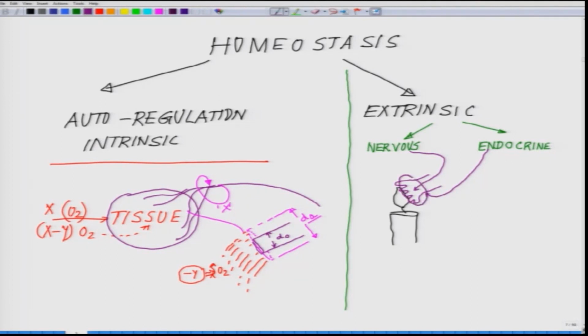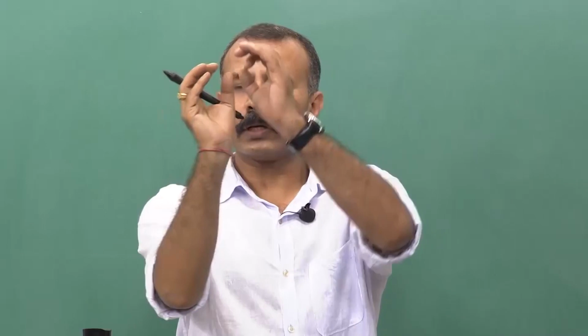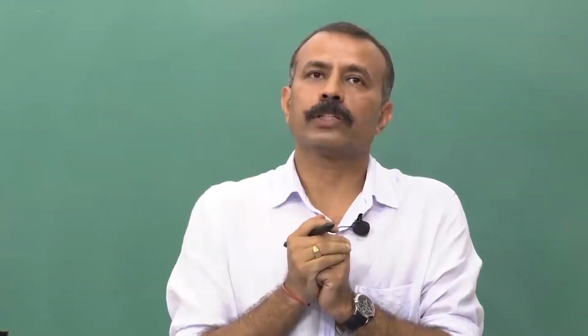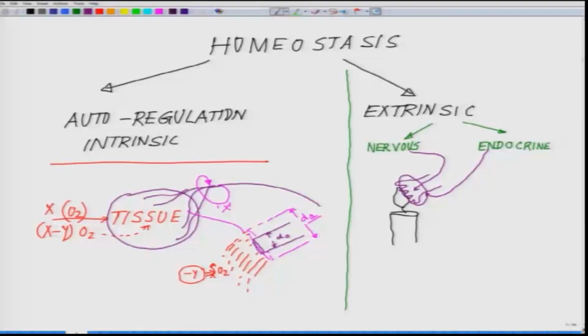It will not happen that all over your body you will have the burning sensation. It will confine it to that specific location. So this is governed by the nervous system or the endocrine system or sometimes both of them.